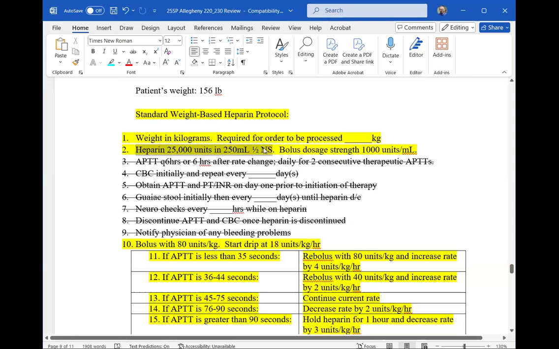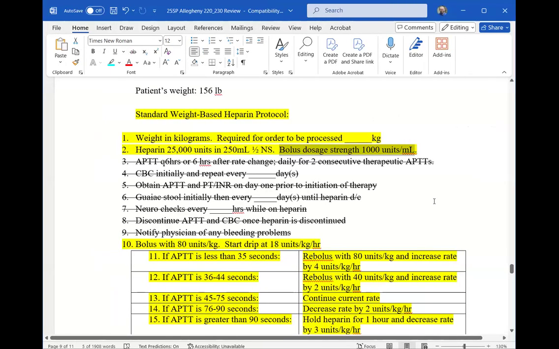You have 25,000 units in 250 milliliters of half normal saline. That arrangement of heparin and an IV solution should look familiar. It's very similar to the first question that I worked through with you guys. And then it's also going to tell us a bolus dosage strength of 1,000 units per milliliter.